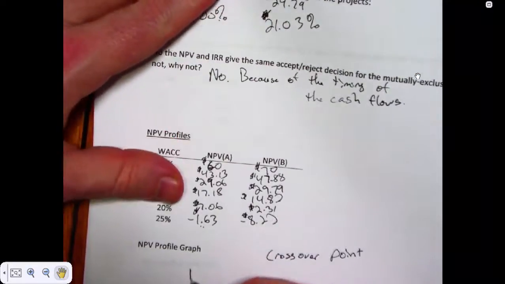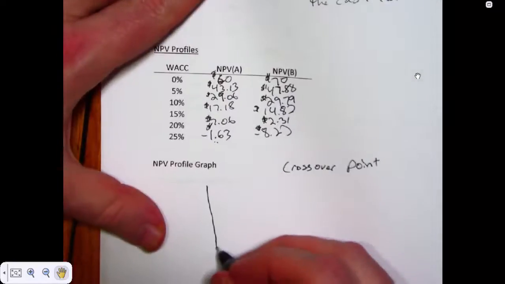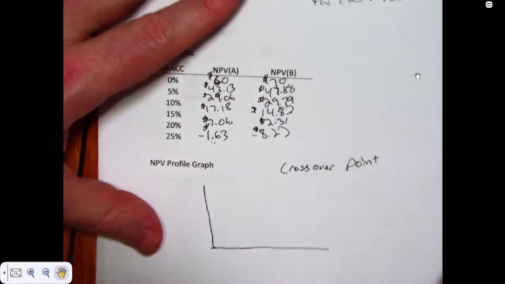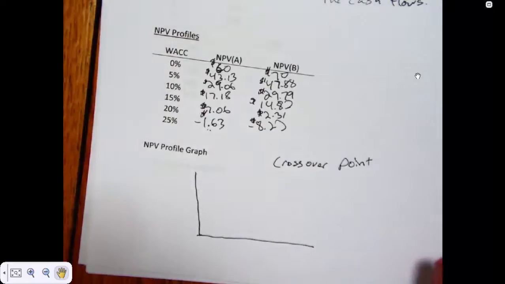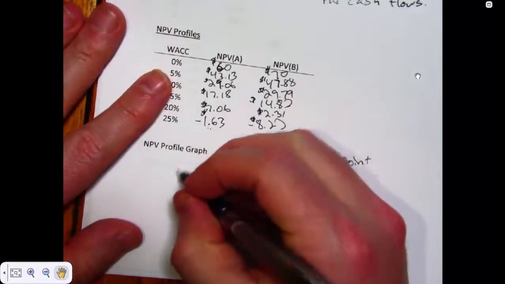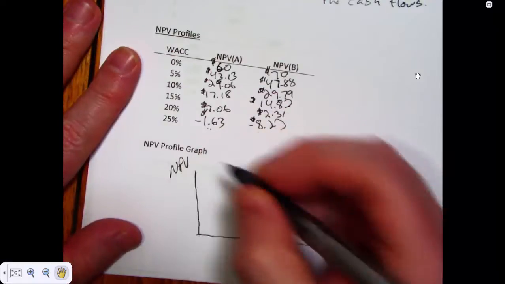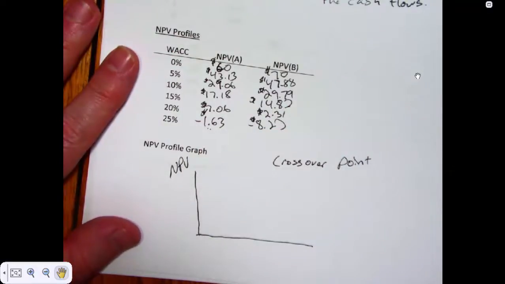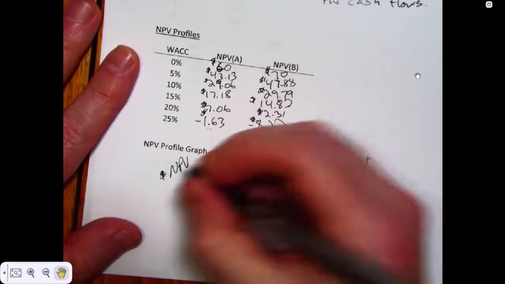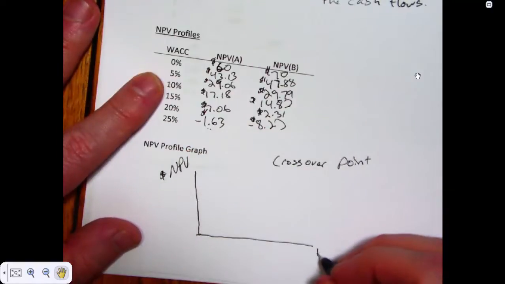I will give you the disclaimer that I am not an economist. Economists know how to draw graphs well. I don't. On our x-axis, we have our net present value, and that's going to be a dollar amount. On our y-axis, we're going to have the weighted average cost of capital.